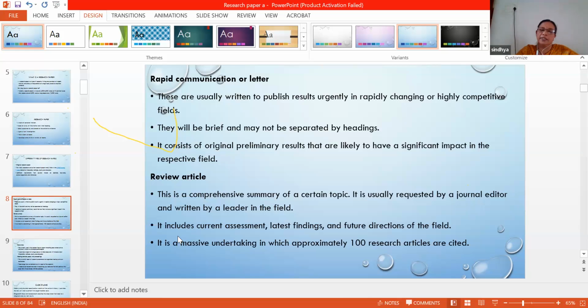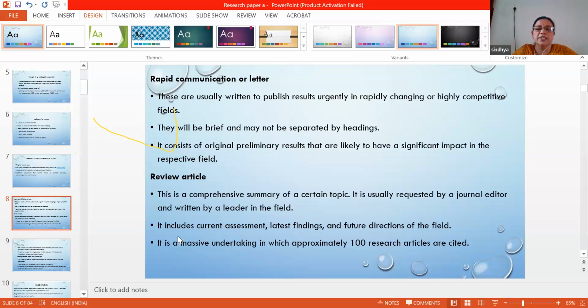And another kind of research paper is a review article. A review article is a comprehensive summary of a certain topic, and it is usually written by a journal editor, or an expert in the field, by analyzing a topic of current interest: what is the current assessment of an issue, and what are the findings and future directions.